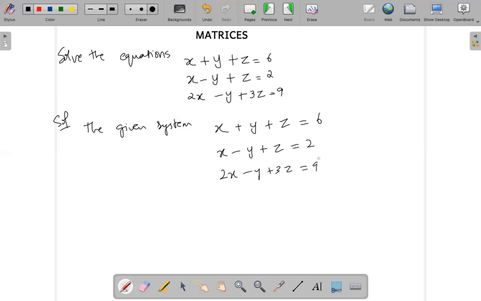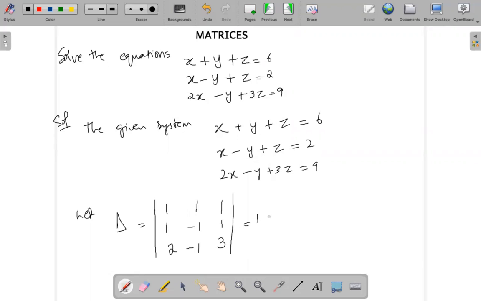Now first let us find the determinant delta: [1, 1, 1; 1, -1, 1; 2, -1, 3]. Let us find the determinant of that.